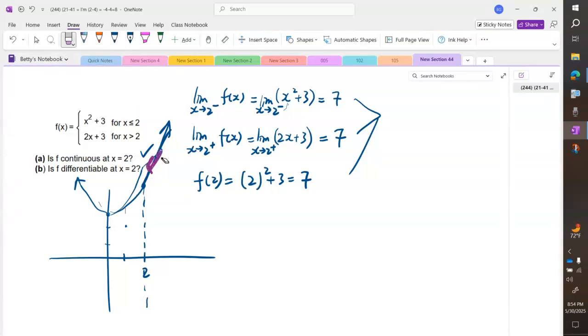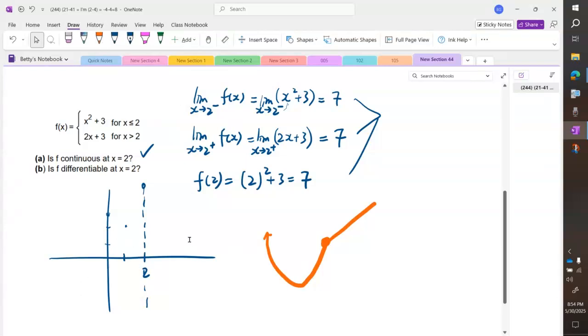It should look like a parabola and then a straight line. So since at this point the slope does not exist, the function is not differentiable. If we have the graph of the function and the curve is not smooth at a certain point, then the function is not differentiable at that point. Based on the graph, we know the function is not differentiable at 2.